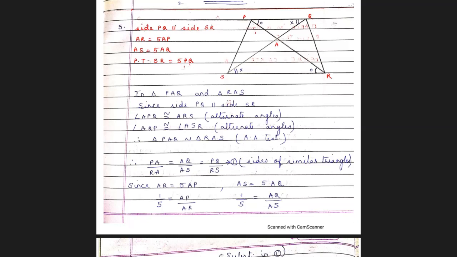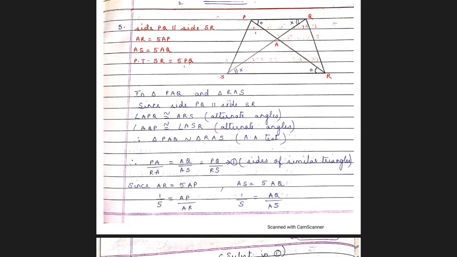Now, when I consider these two triangles, that is APQ and ARS, they are similar to each other because of AA test, because I have two angles in one triangle congruent to the corresponding angles in the other triangle. The third obviously becomes congruent. They are vertically opposite. You don't have to mention it.